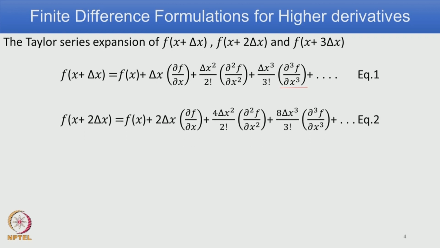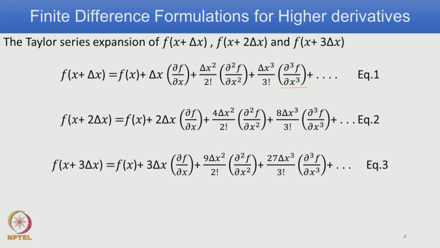So, writing the equation for 3 different spacings x plus delta x, x plus 2 delta x and x plus 3 delta x, what we are interested in is the third derivative term, del cube f by del x cube, and that term is there in all the 3 equations, equation 1, equation 2 and equation 3. So, we have to do some arithmetic manipulation to get rid of the first derivative as well as the second derivative term. We basically do 2 arithmetic operations in the beginning.